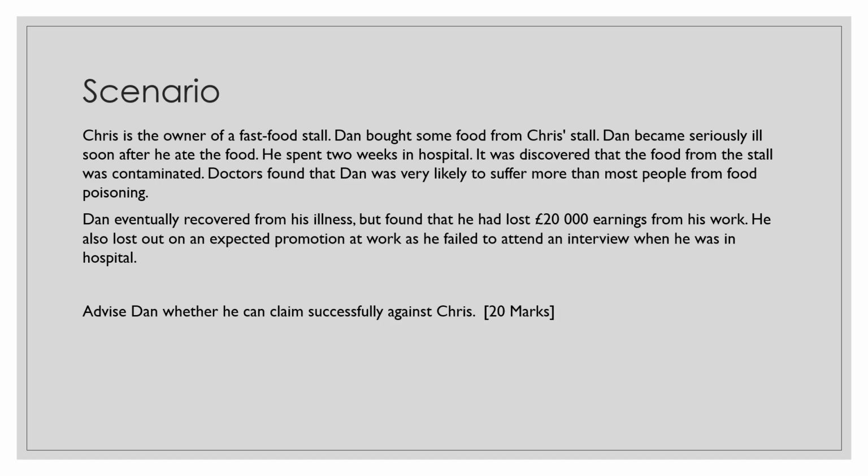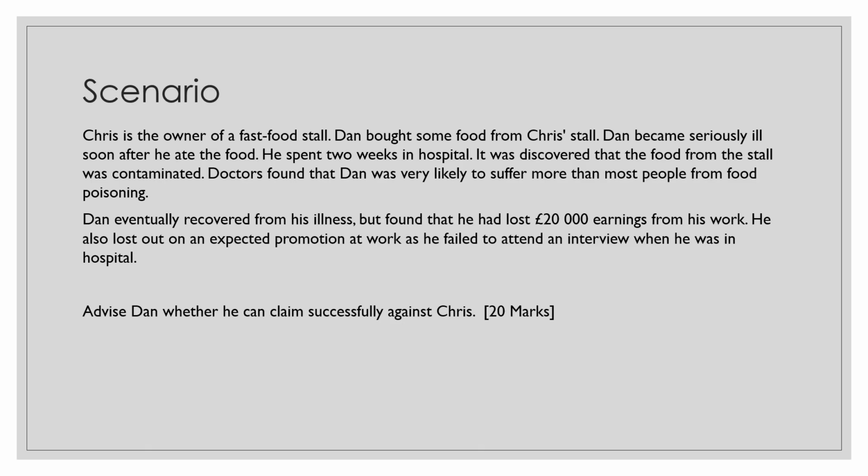And then cost and practicality would be another one, because he's obviously an owner of a fast food stall, so it's a business, so he has to take into account the cost and practicality and measure if that outweighs the harm, and obviously it doesn't outweigh the harm, and he's not taken the proper precautions, or at least it's not said in this scenario that Chris has taken proper precautions to ensure that his customers won't get ill from food poisoning. And then due to cause of damage, you got to think factual causation, legal causation, remoteness of damage.